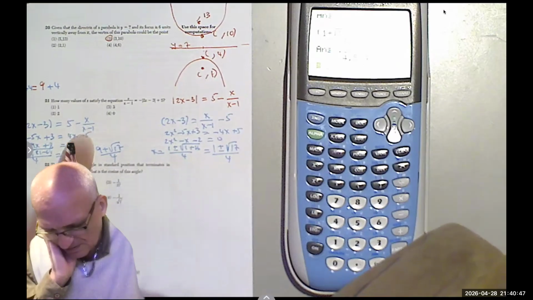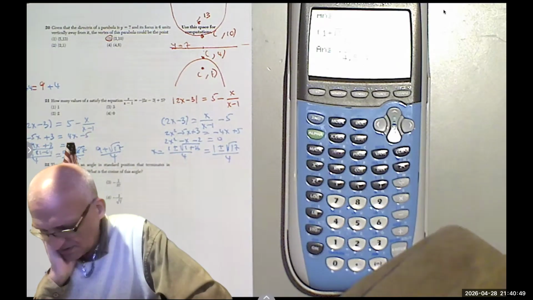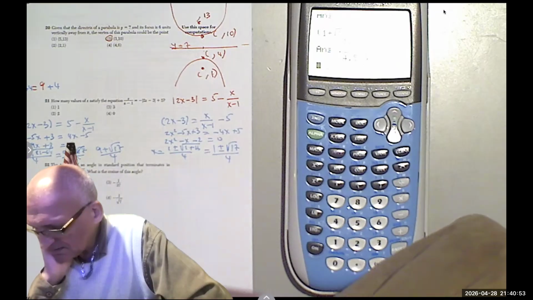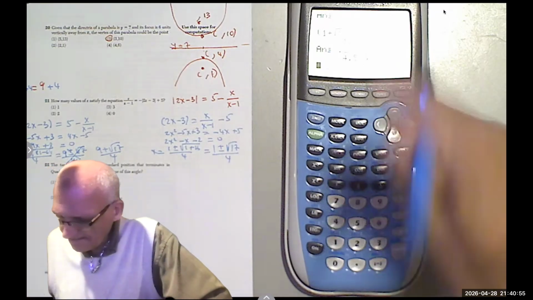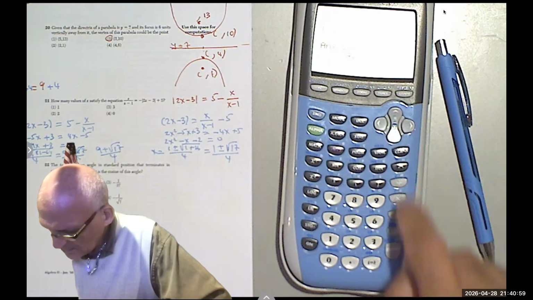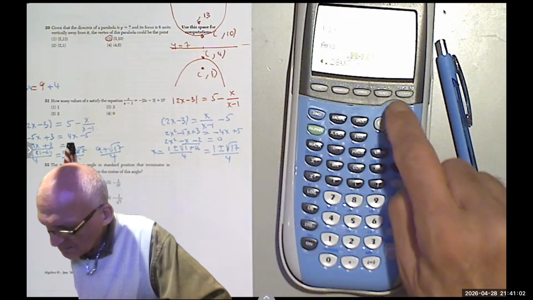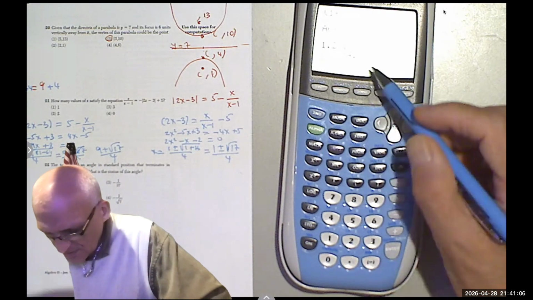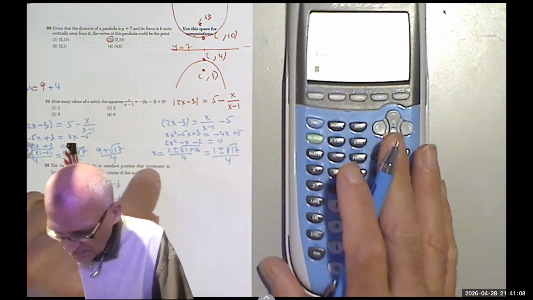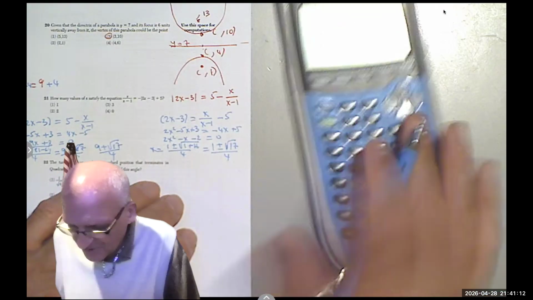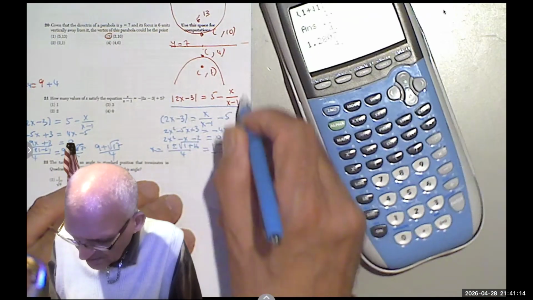This was greater than 5, so we excluded it. So how come this one also? Oh, no, the absolute value. I'm sorry, it's here.